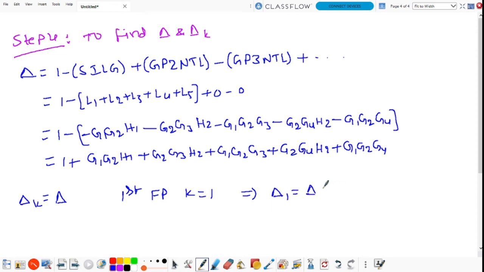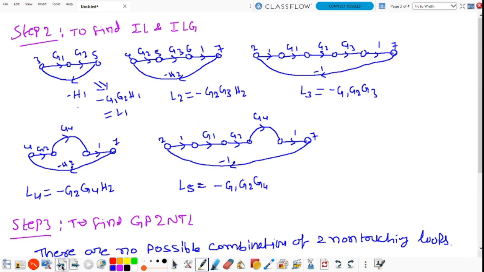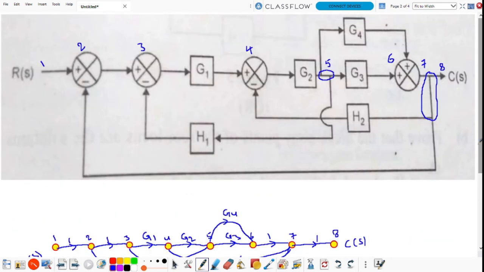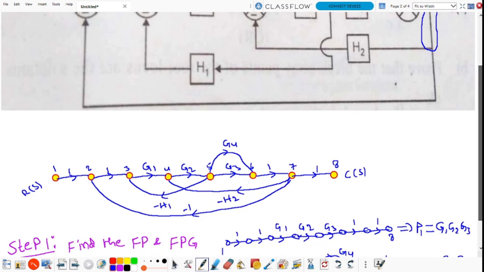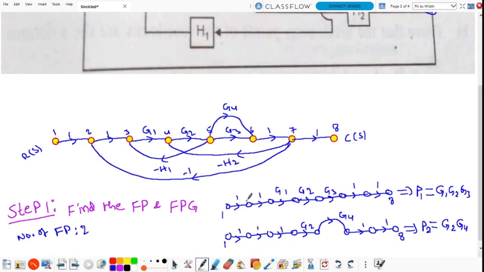What is the first forward path? This is the first forward path. What is the expression of the delta? Delta is equal to 1 minus sum of individual loop gains plus gain products of all possible combinations of two non-touching loops.